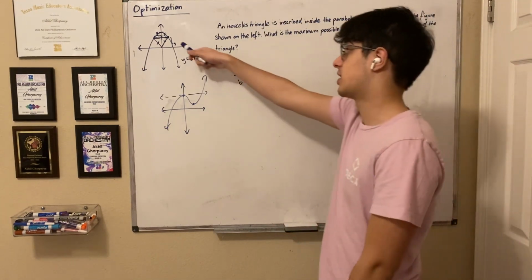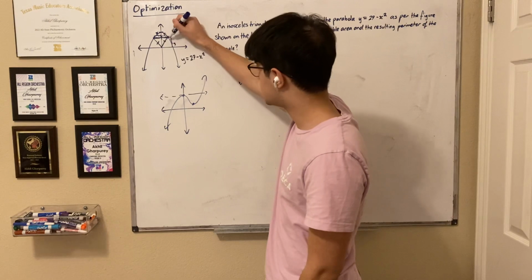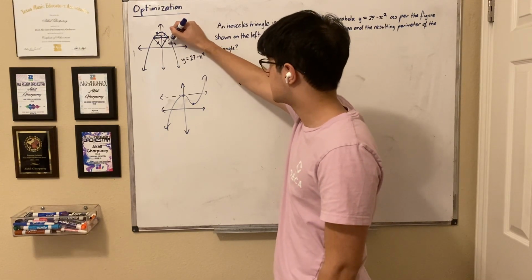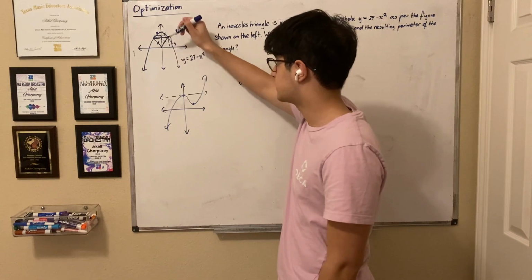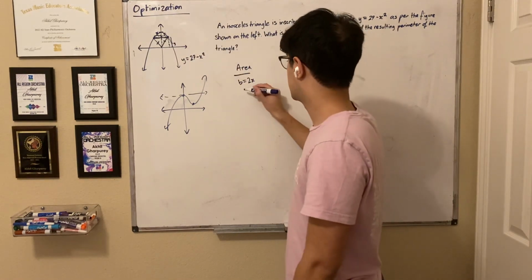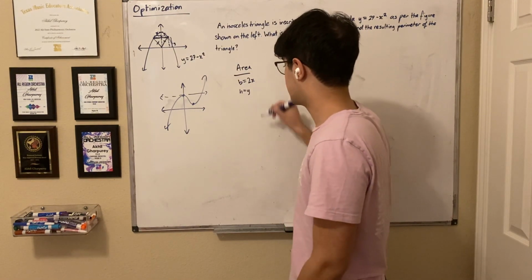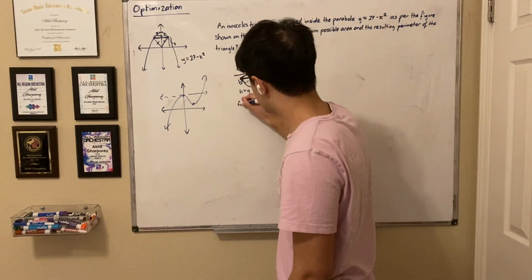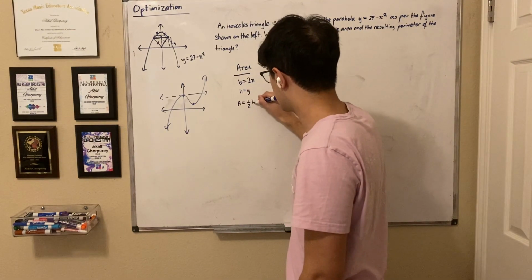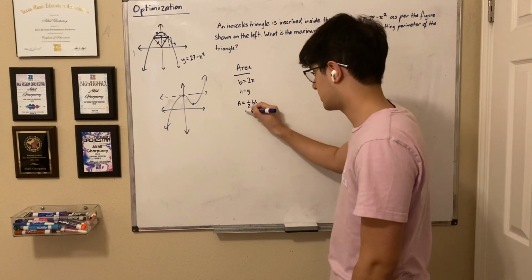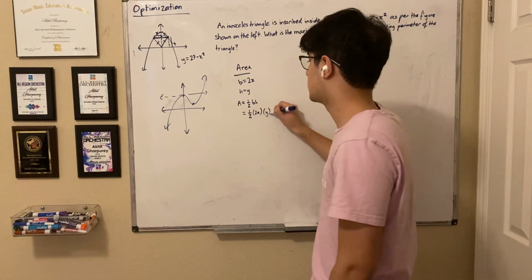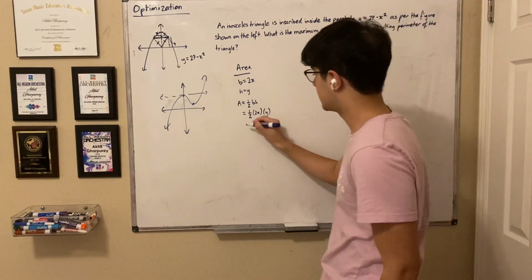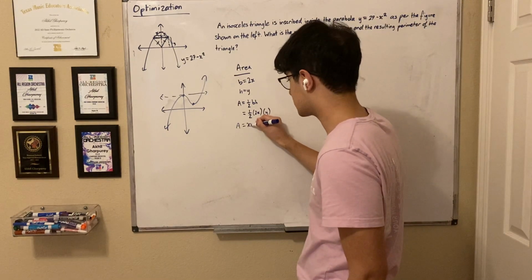And the height of the triangle, we see that the height at this point is the same length as the height at this point right here. So the height is just y. So the area of the triangle is 1/2 base times height, right? So this is going to be 1/2 times 2x times y. And so we get the area is equal to just xy.